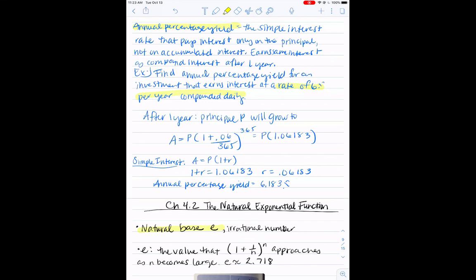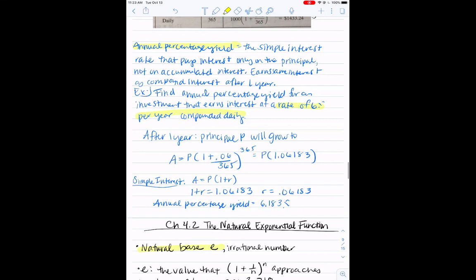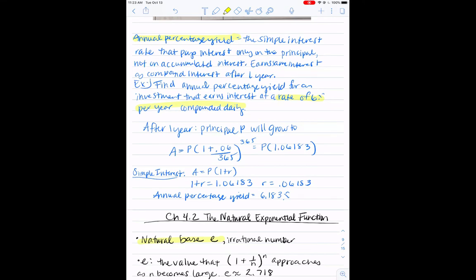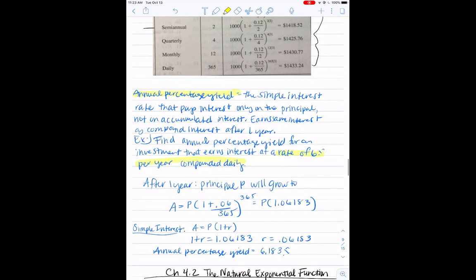So basically after 1 year, the principal P will grow to, if we're doing our compound interest, A equals P. Oh, no, just kidding, we don't have a number for P. Our P is just P. We have 1 plus 0.06, our rate per year compounded daily. So we're going to divide by 365 because it's compounded daily, and then it's raised to the 365 times 1 year.